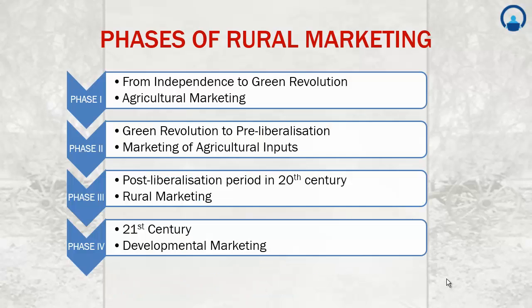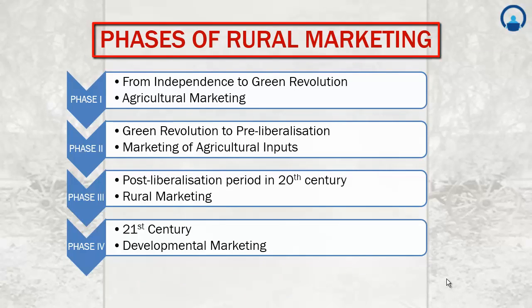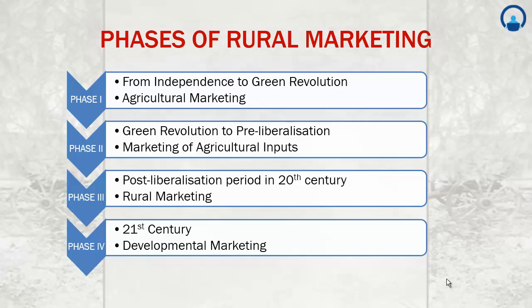Now, talking about the different phases of rural marketing, the first phase that we had seen was from independence to green revolution. This was also called agricultural marketing because before the green revolution, everything that was spoken about was agriculture.